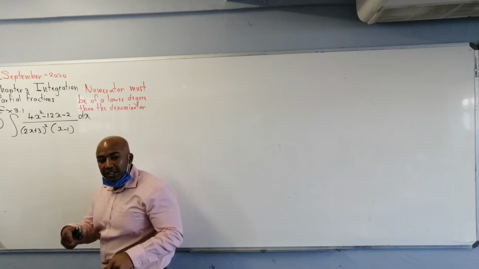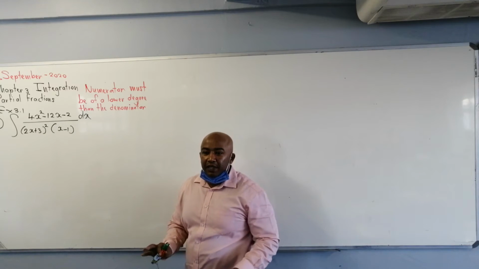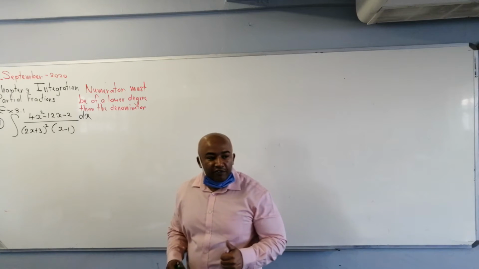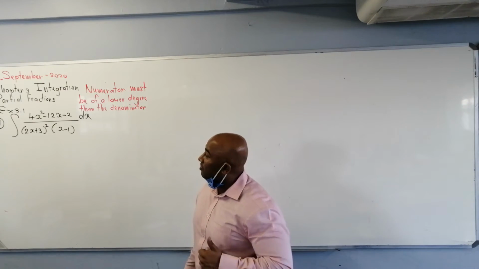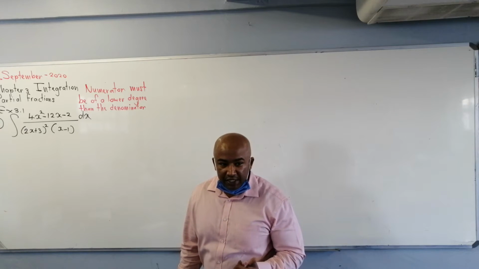Which I did not mention with the first example, but it applies everywhere. In order for you to apply partial fractions, the numerator must be of a lower degree than the denominator.